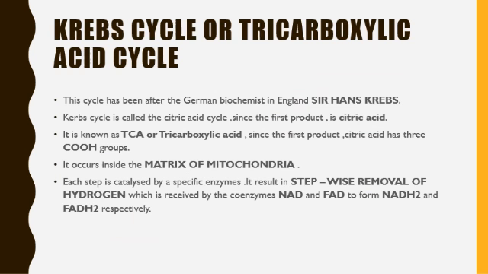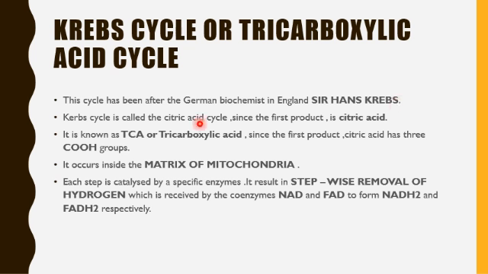The next and very important step of aerobic respiration is the Krebs cycle or tricarboxylic acid cycle. This cycle has been named after the German biochemist in England, Sir Hans Krebs. So the name is Krebs cycle.